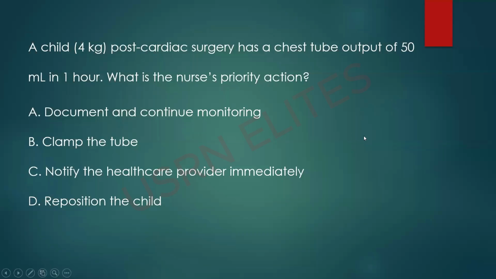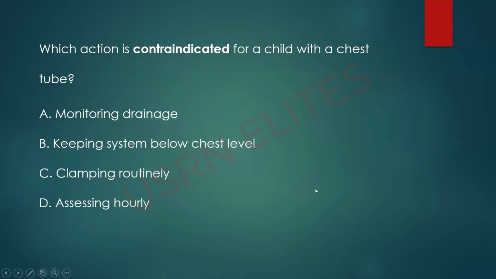The range is 5 to 10 per kilogram, and even if you use the higher limit, which is 10, times the patient weight, which is 4, you still get 40. But what you have here, according to the question, is 50, which is above the upper limit. Typically, in exam questions, they will always give you something which is out of range, above what is expected.